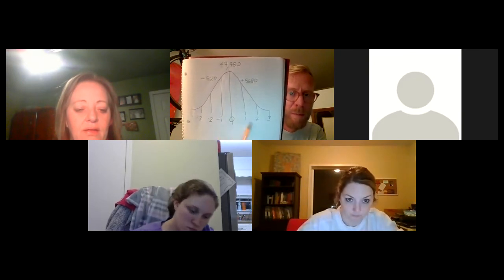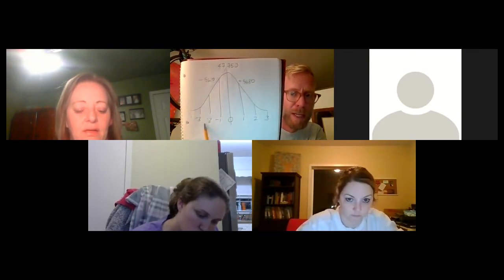Now I have a normal curve. On the bottom, I've labeled it with z-scores. Zero is in the middle. Here's +1 and -1, +2 and -2, +3 and -3. Those are standard normal values, z-scores. Now this particular normal distribution has a different mean, namely 47,750, so I'm putting those values at the top.